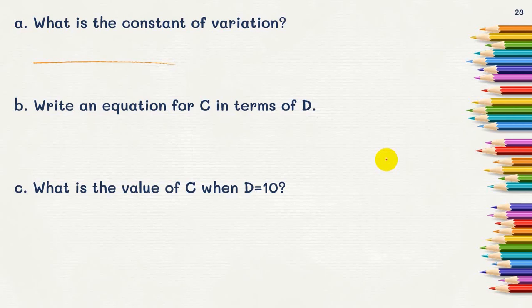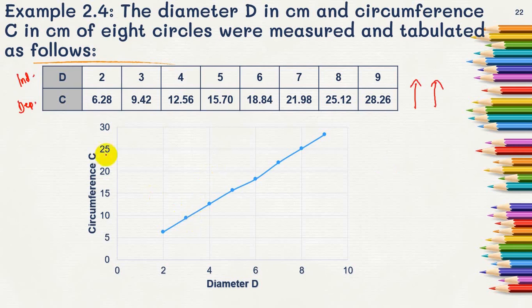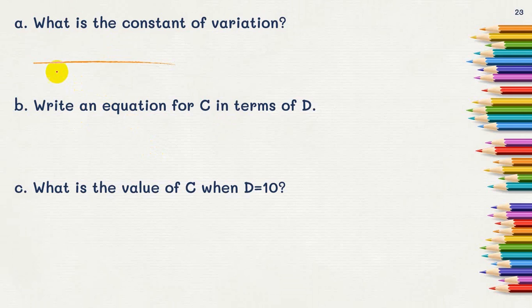Next, what is the constant of variation? In solving for the constant of variation, we can use all the values, but we will be using only one: 2 and 6.28. First, write your variation equation. C equals k times the diameter. The first value of C is 6.28, and the value of d is 2, so 6.28 equals k times 2.